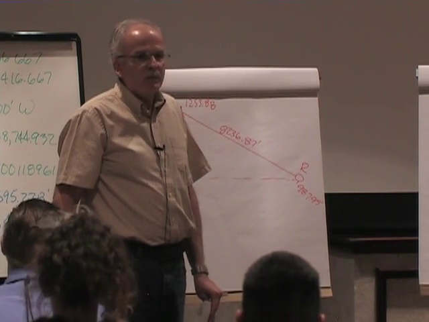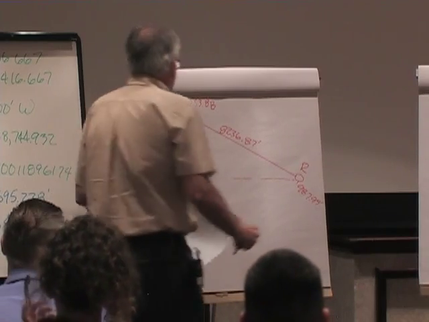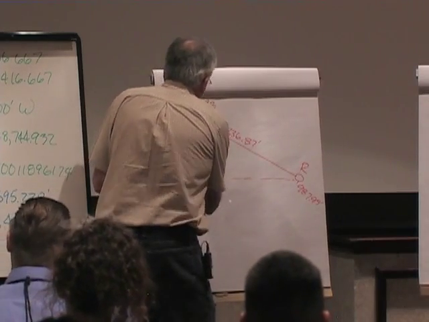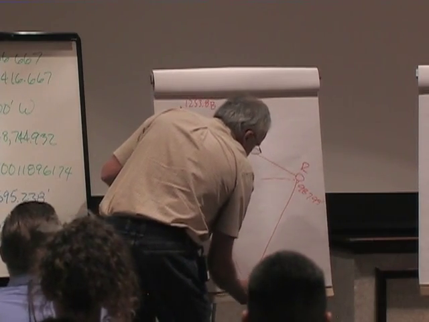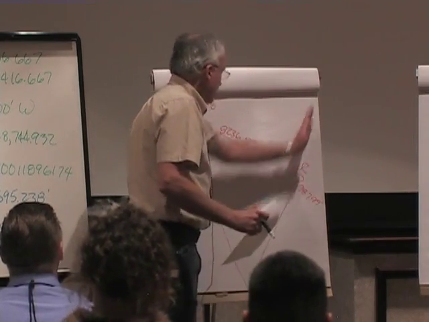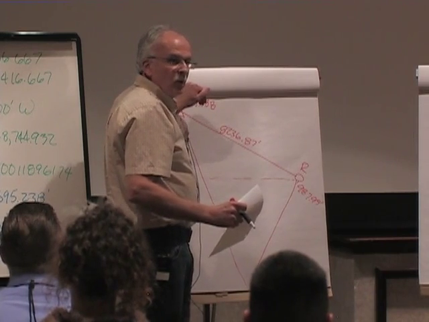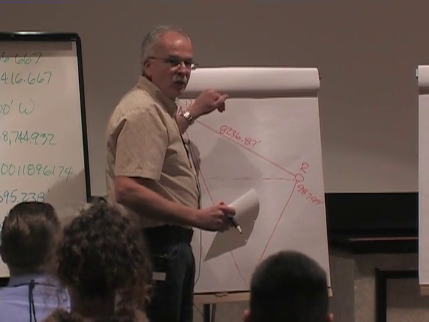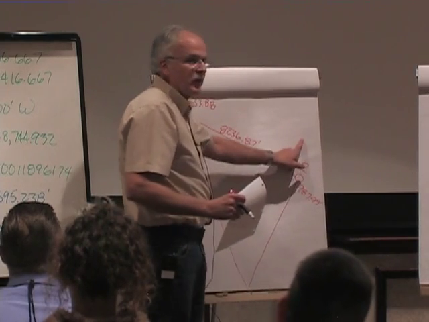The horizontal distance between any 2 points is the distance between the vertical lines running through those 2 points.